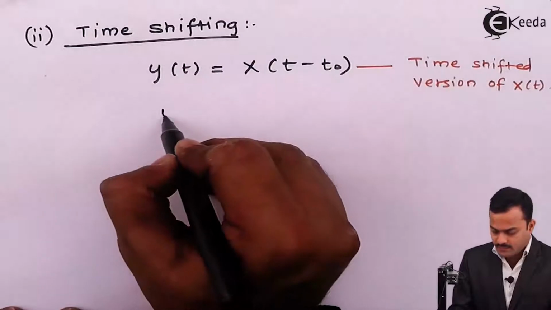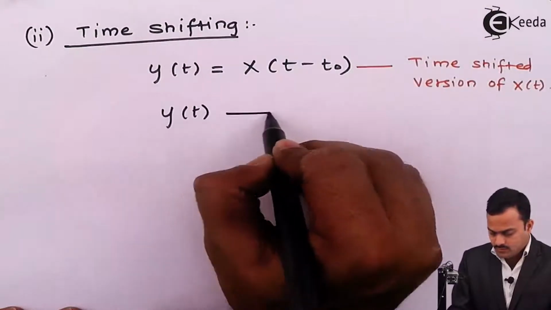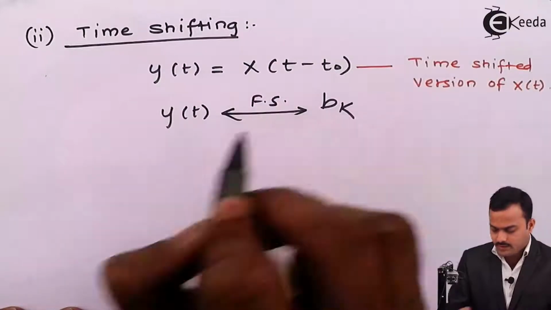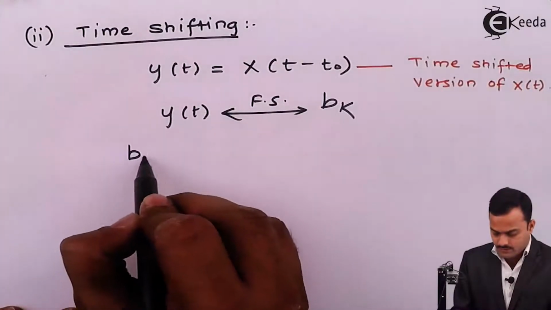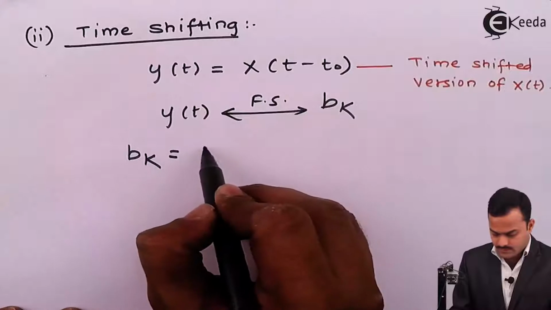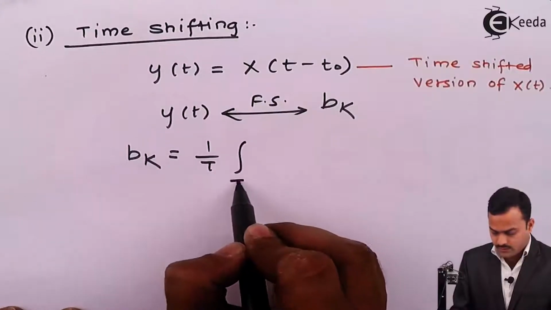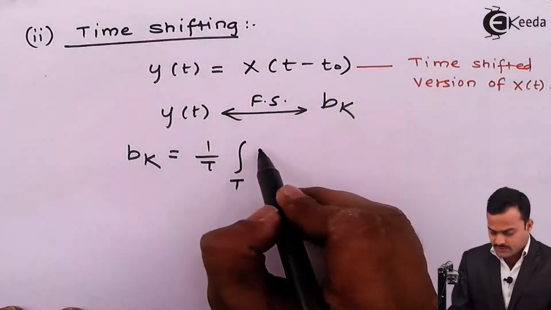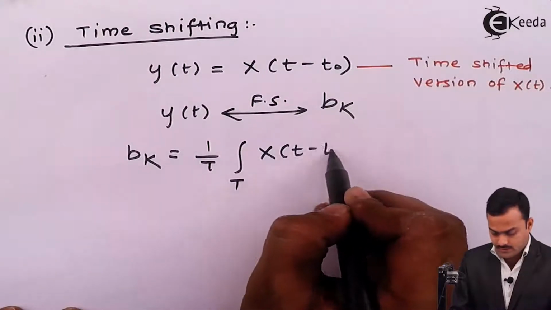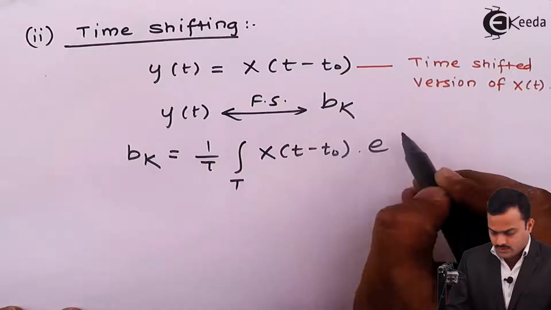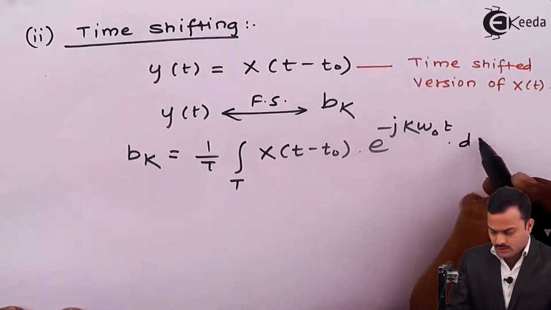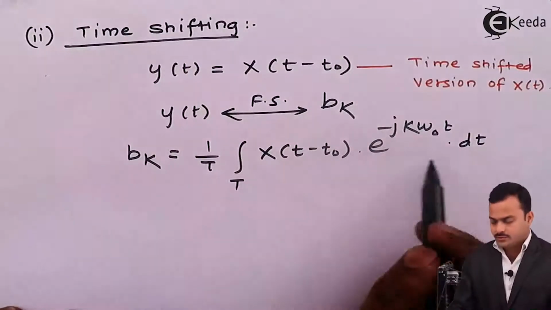So y of t through Fourier series will give us a coefficient bk, and that bk can be calculated like this: 1 upon T integral over time period T, signal is y of t, which is nothing but x of t minus t0, e raised to minus j k omega 0 t dt. So we need to solve this integral.